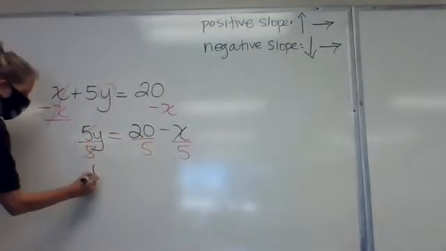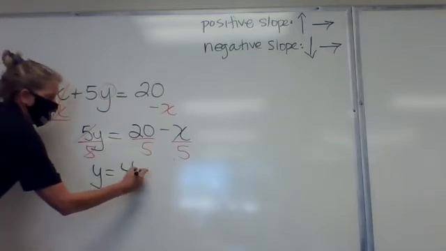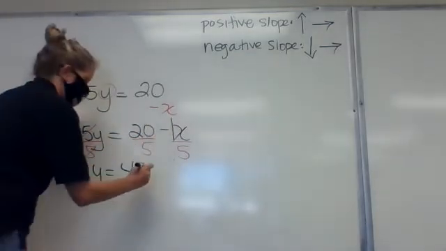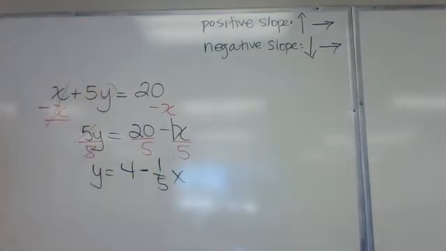So here's my y equals 20 over 5 is 4 minus, what's in front of that? Negative, you're fine, negative 1/5 x. If you notice, my x ended up in the back and this ended up in the front. It does not matter because what number is hooked onto x?